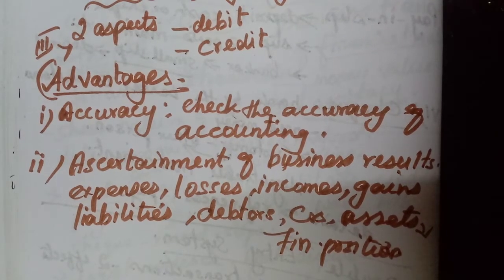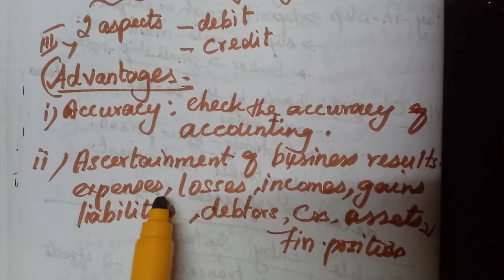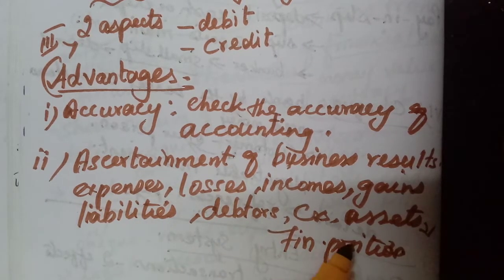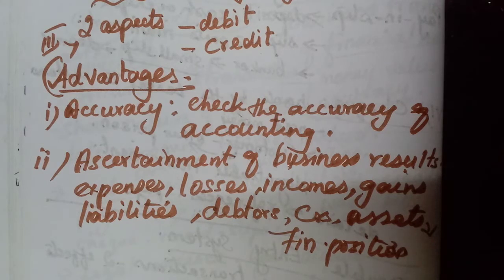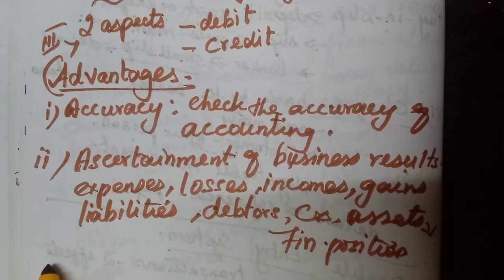So we can ascertain the business results with all the details of expense, loss, income and gains. We can calculate the profit or loss of the business. From the information of liabilities, debtors, creditors, assets, we can ascertain the financial position of the business on a particular date. Okay, that is the second advantage.